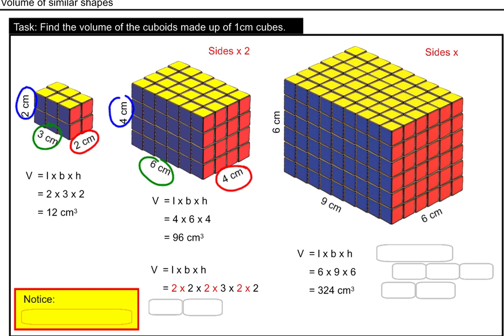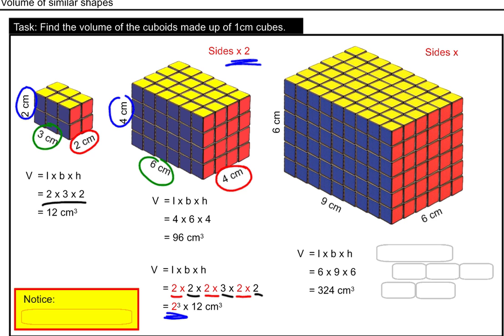Note, I've got 2 times another 2 times another 2. I'm multiplying by 2 3 times. I've essentially got, if I tidy this up, 2 cubed, and 2 times 3 times 2, well, that's just my volume of my original cuboid. So, a linear scale factor of 2 has given me a volume scale factor of 2 cubed.